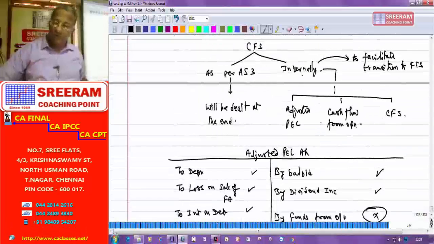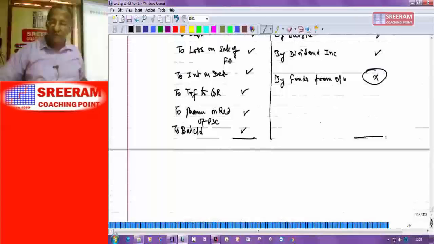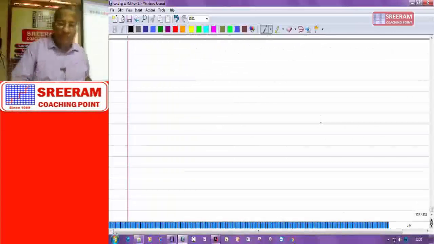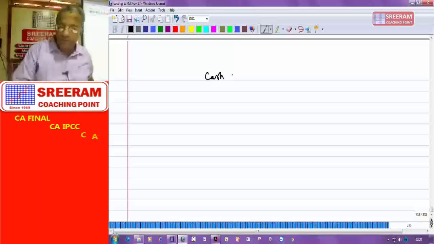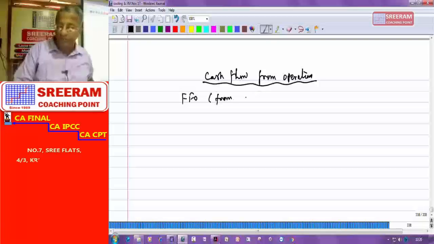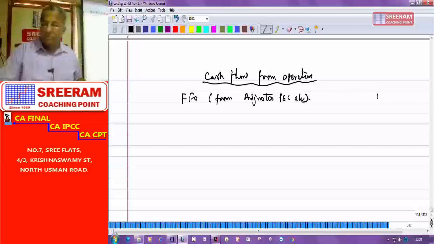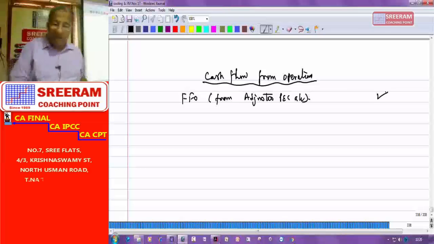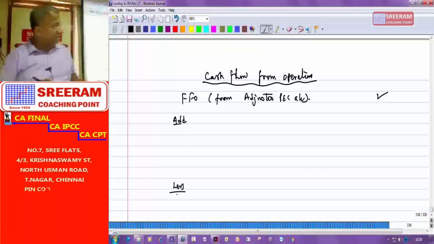Next one, cash from operation, cash flow from operation. Funds from operation from the adjusted P&L account. Add certain items, less certain items, like a reconciliation statement.